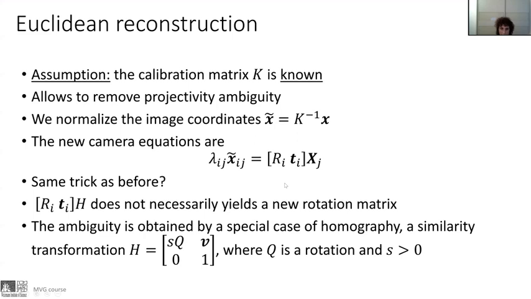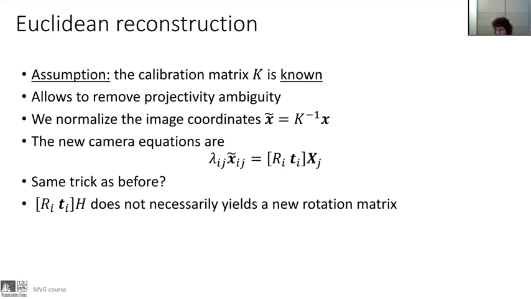Because in the projective space, P can be any 3 by 4 matrix that is non-singular in the left block. This is exactly the difference between a general P, which had 12 entries, and a constrained camera matrix, whose left block should be a rotation. Okay, sure. Let's move on.